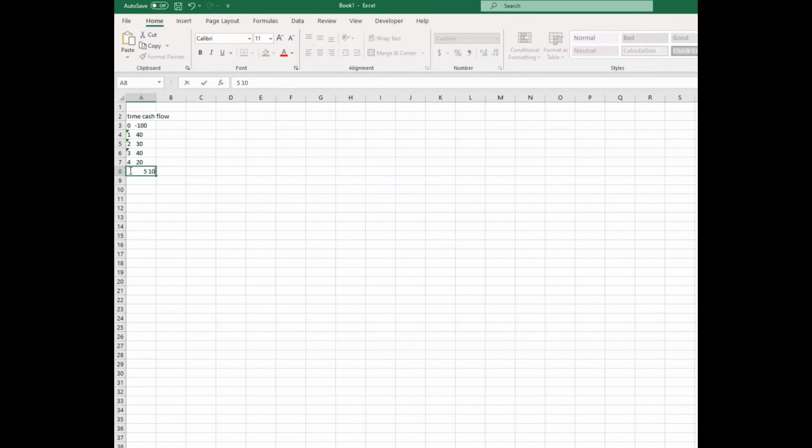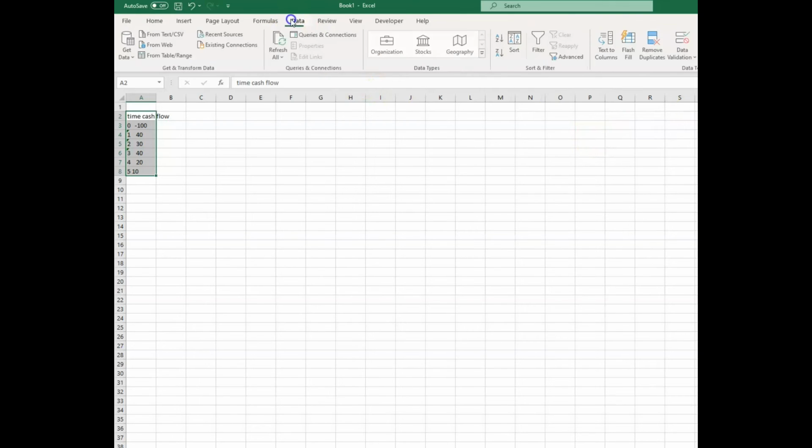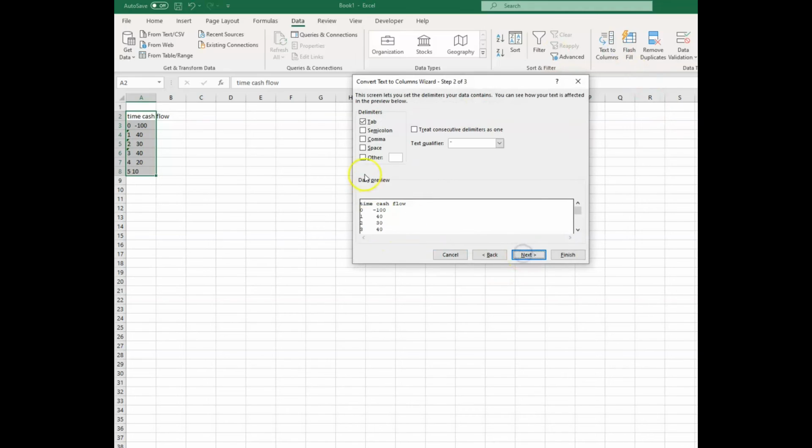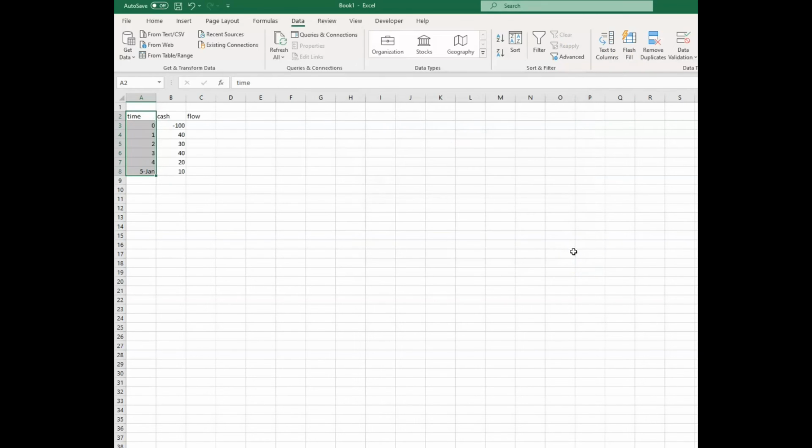I'm going to separate them. So this is Data, Text to Columns, space, finish.